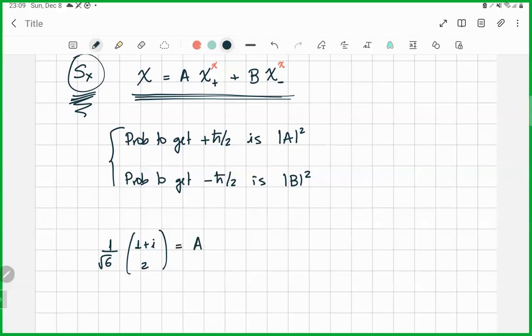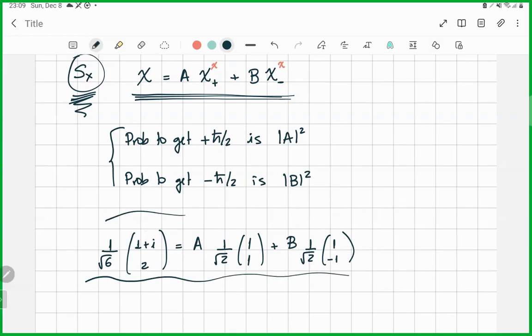The eigenvector of Sx, chi plus x, is 1 over square root of 2, 1 and 1. And the other vector, chi minus, is 1 over square root of 2, 1 and minus 1. So from here, we can find two equations, and from these equations, we can get A and B. This is brute force.